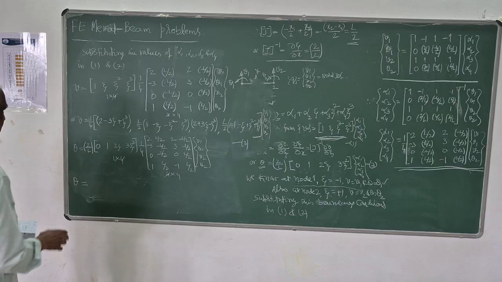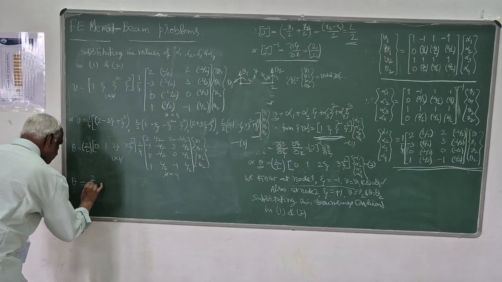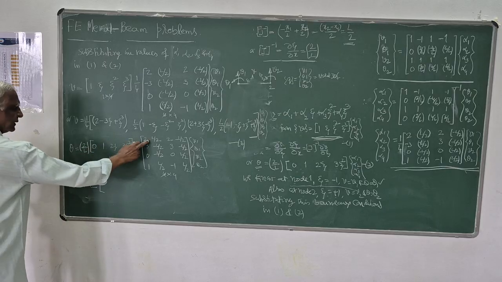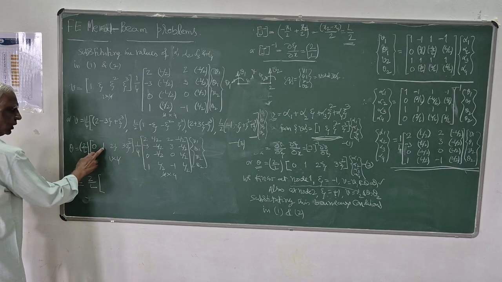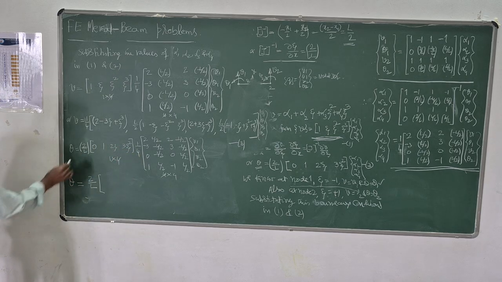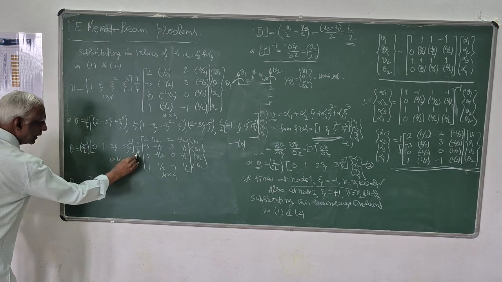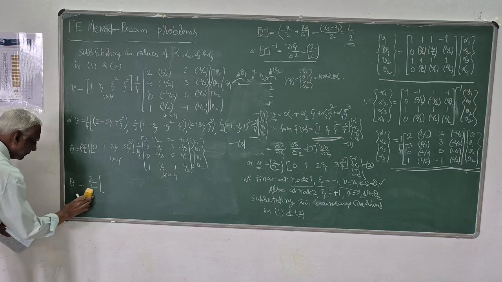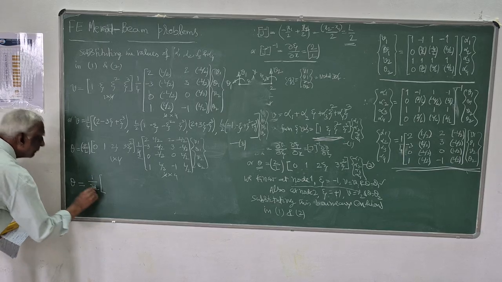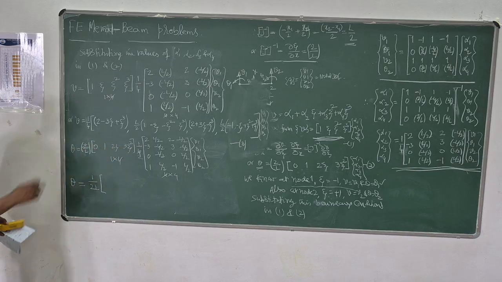This is 2 by L into this. If you multiply 0 into 2, 0, then this 2 by L and 1 by 4, so this will be 1 by 2L.